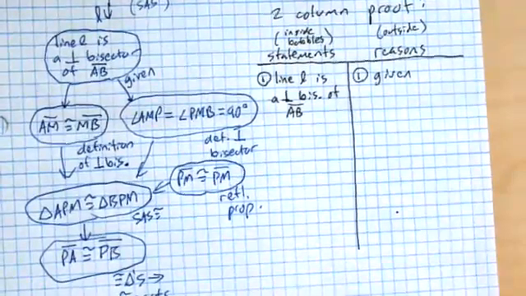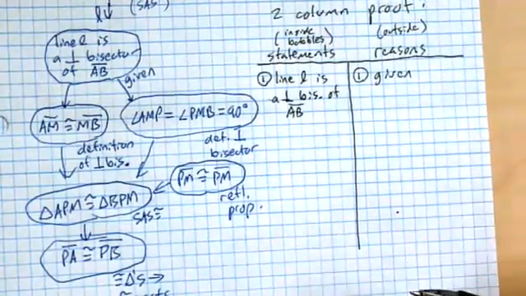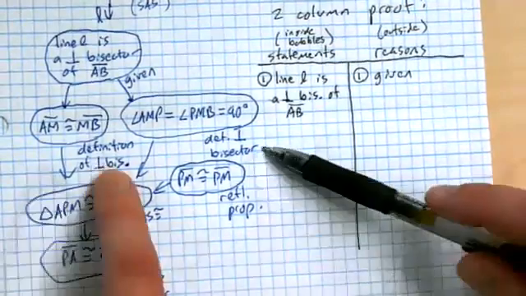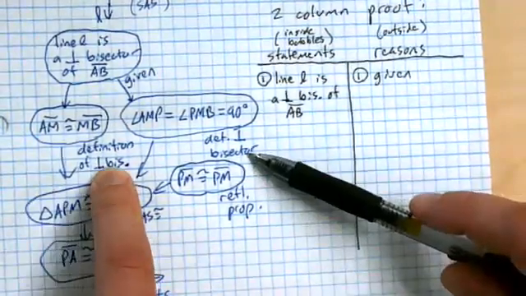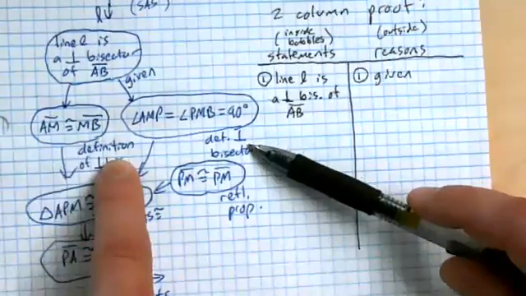Where do we want to go next? I'll show you a little trick here. You guys want to see a little shortcut cheat code here? You see how these two bubbles have the same reason? We can squeeze them into the same line. If they have the same reason, we can put them in the same line.